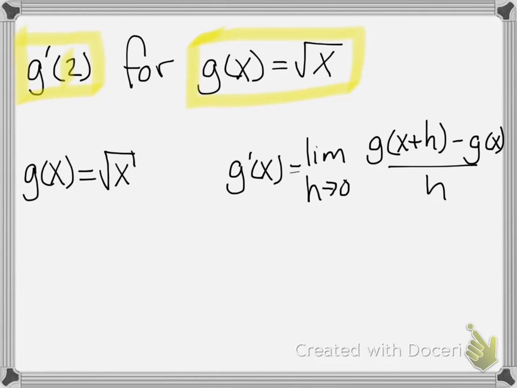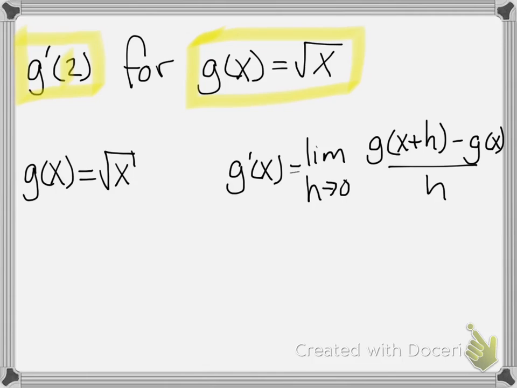And like I said, it's no big deal or anything like that. The only thing that happened was now we're using a g instead of a f, so it's no big deal.